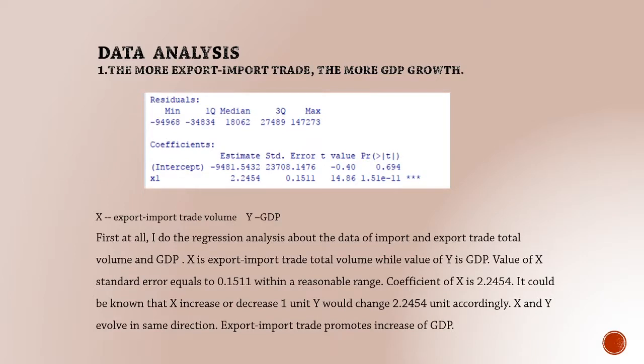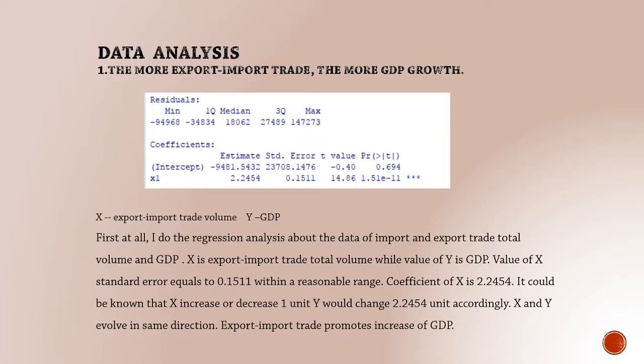First of all, I do the regression analysis about the data of import and export trade total volume and GDP. X is the export-import trade total volume, and Y is GDP. The standard error of X equals 0.1511, within a reasonable range.